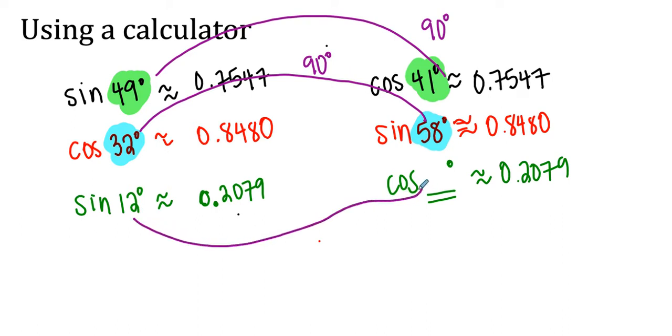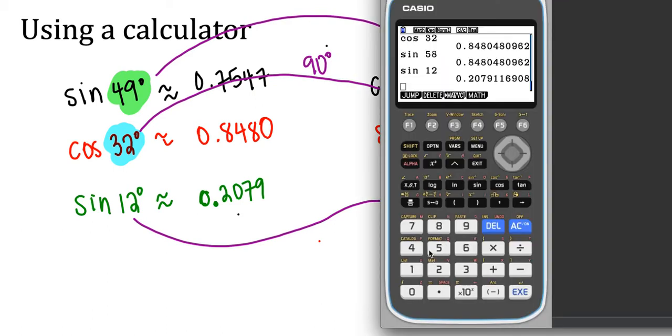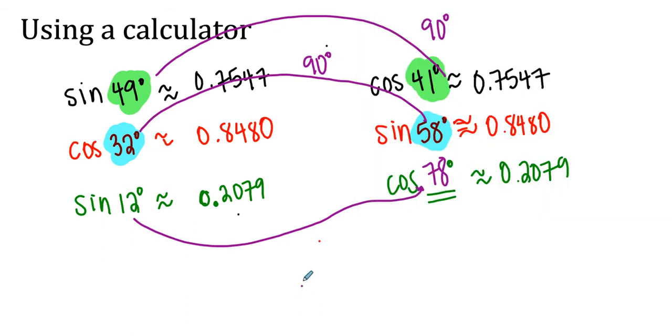12 plus, try 78. So let's go to the calculator. The cosine, drum roll, 78, enter, and it is exactly the same as the sine of 12 degrees.